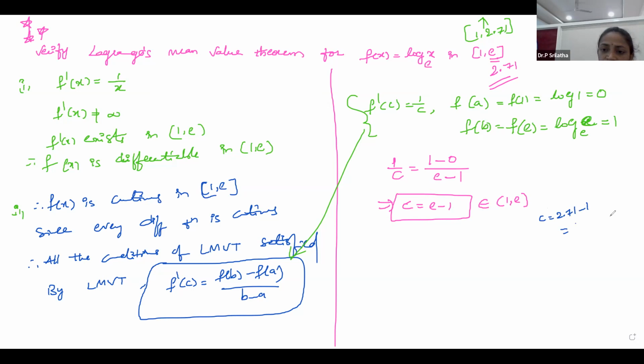So that is 1.71, right? That value belongs to (1, 2.71). Is it clear? So c = e - 1 belongs to (1, e). Therefore, Lagrange's mean value theorem is verified.